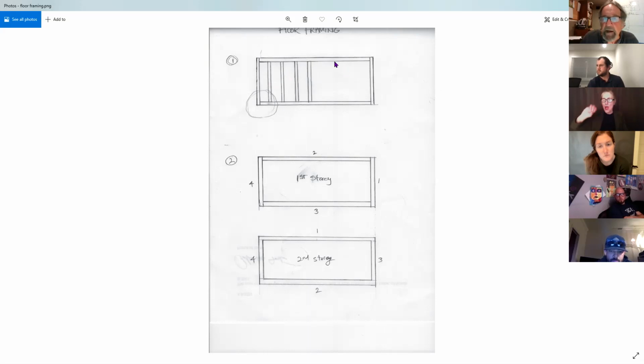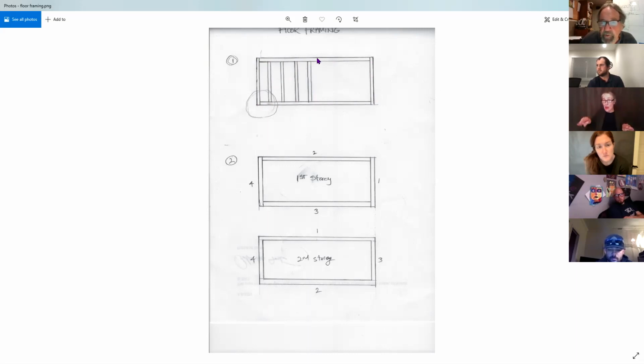So there's a couple ways you can do that. This distance here, the distance of the joist plus the rims is fixed, right? That's going to be on the plans. But the order that you put them down can differ. So this whole rectangle is the size the plan tells you it has to be.